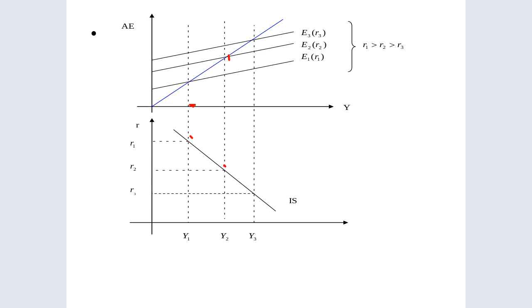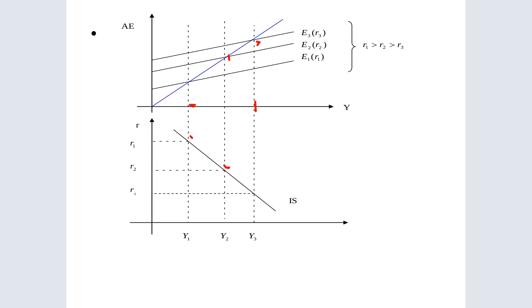So we move to the next interest rate, which is the second. Then we said when the interest rate is lowest, the national income is highest.